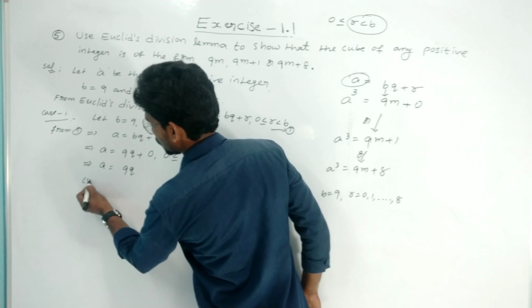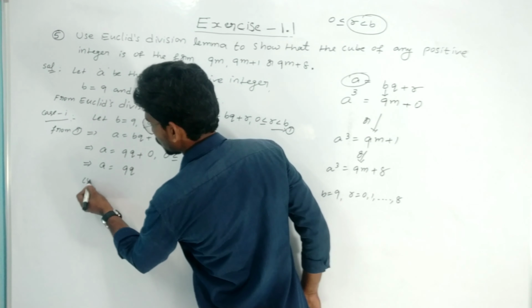Now case 3. Let b is equal to 9, r is equal to 2. Now substitute the b value and r value in Euclid's division lemma, that is equation number 1. From equation number 1, a is equal to bq plus r, where 0 is less than or equal to r less than b.